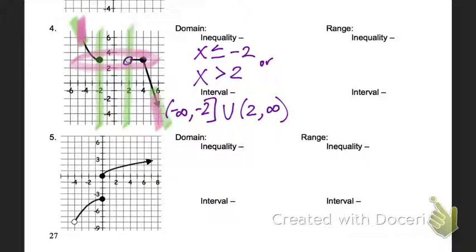So even though I have an open circle, the closed trumps it. So I don't have to take a break there. So since it never stops and it goes from negative infinity to positive infinity, I write this as all real numbers.